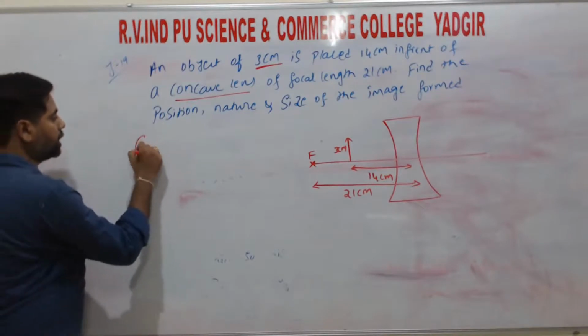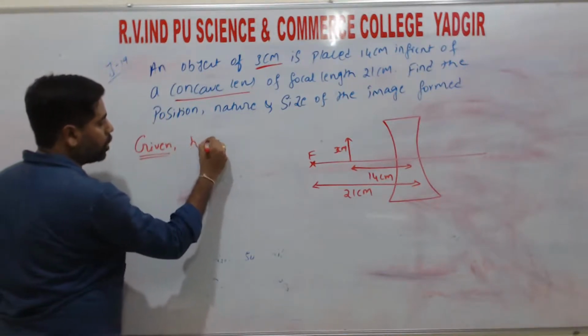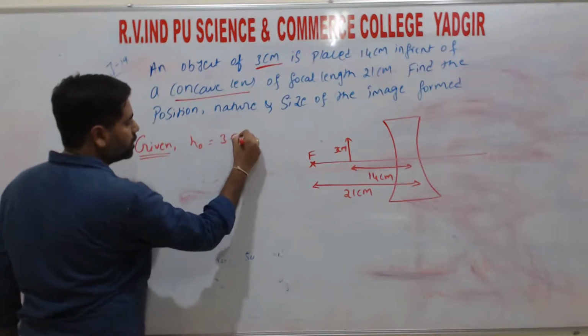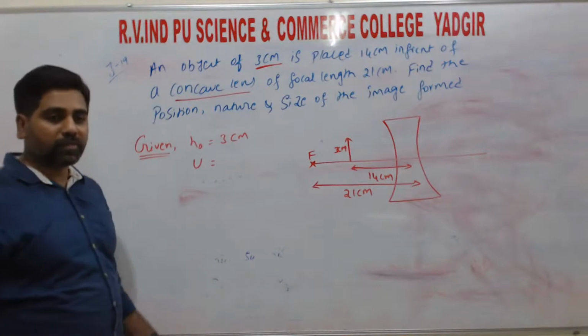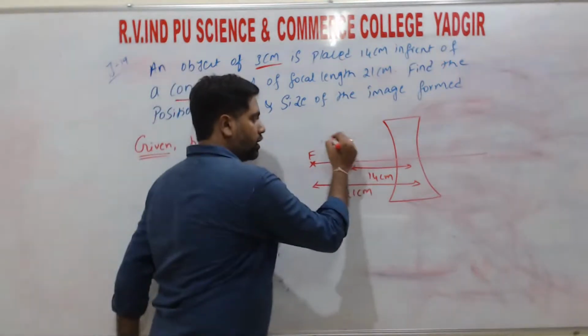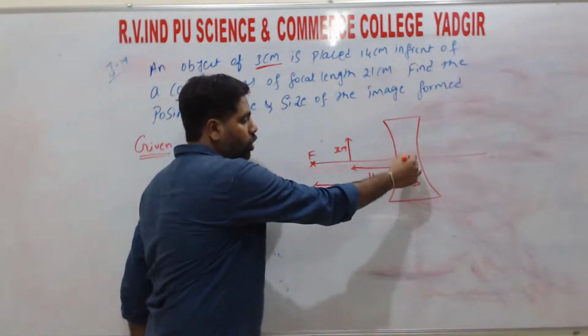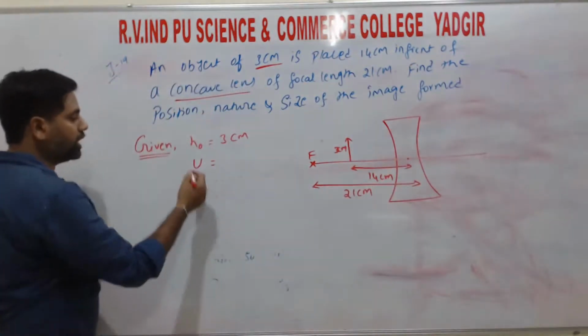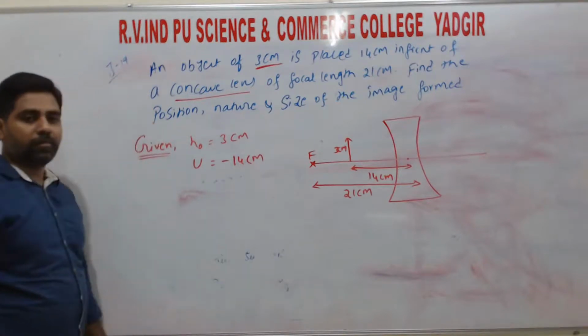So if I write here, the given height of the object h_o is 3 centimeter, and they have given the object distance u. From the sign convention, the light is emanating from left to right, and we measure from the optic center O. That's why u is taken as minus, that is minus 14 centimeter.